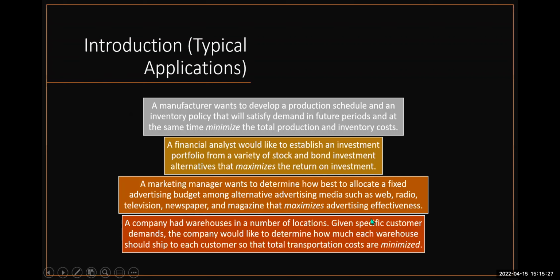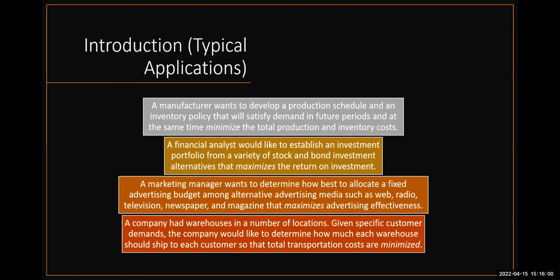In marketing, they want to identify how much they want to spend, or the frequency of advertising through the different platforms. If you only have one platform, let's say you want to advertise through television only, then you cannot use linear optimization.